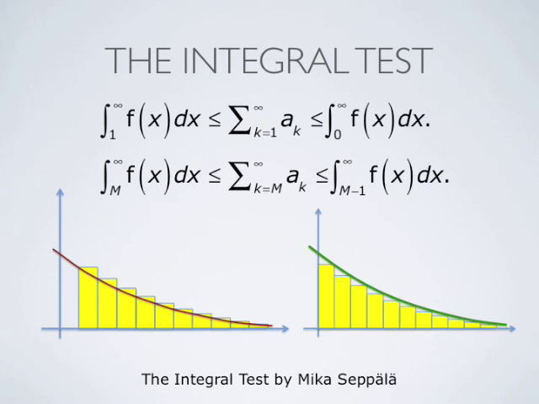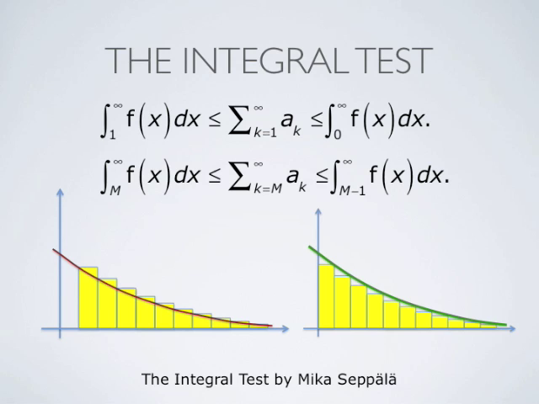If all these improper integrals and series converge, then we have the double inequality that the improper integral from 1 to the infinity f of x dx is at most summation k from 1 to the infinity ak, and that is at most the improper integral from 0 to the infinity f of x dx.